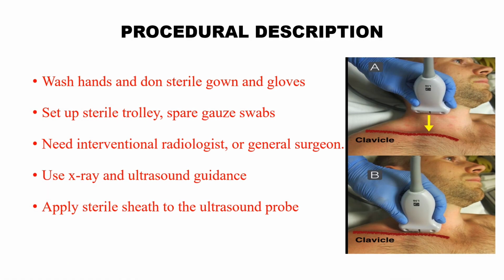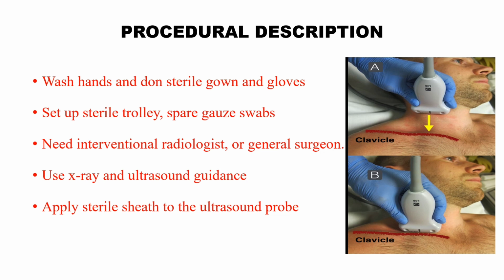Now we will move on to the general procedure description. First we have to wash our hands, which is involved in the sterile technique, and wear sterile gowns and gloves. Next, clean the area and apply the sterile field. Make sure to have some spare gauzes and swabs ready. The central venous line insertion can be performed by an interventional radiologist or any general surgeon.